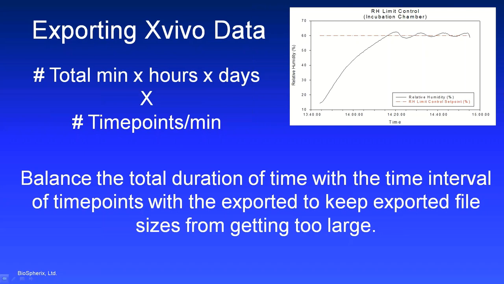If you really need 5-second granularity on the environmental data and the sensor data in the Xvivo, then you might want to do a day at a time rather than a whole week at a time. It's up to you and what you need out of that data as far as balancing the number of days that you're exporting with the frequency of the time points.